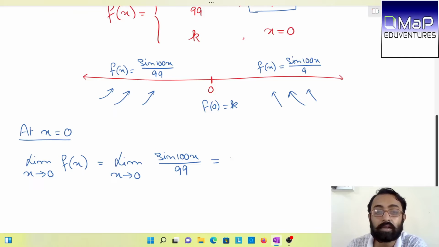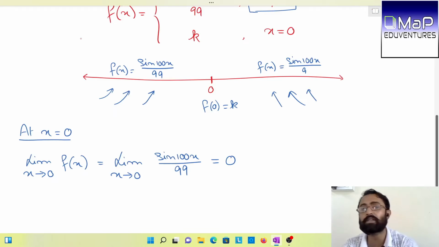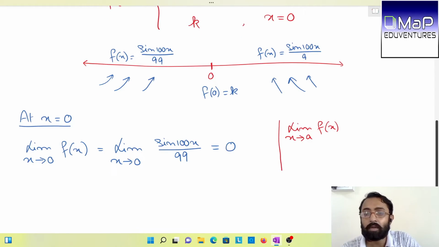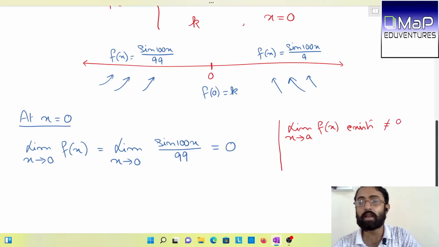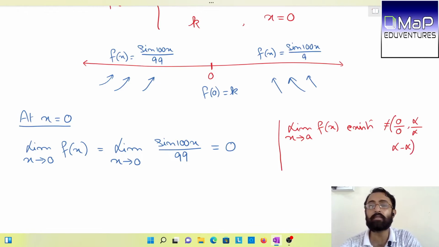Its value is 0. The simple logic of limit is that whenever we take limit, say limit x tends to any real number a, the limiting value will exist if it is not any of the indeterminate forms. There are 7 indeterminate forms in total, but for the board it is sufficient to consider just 3.